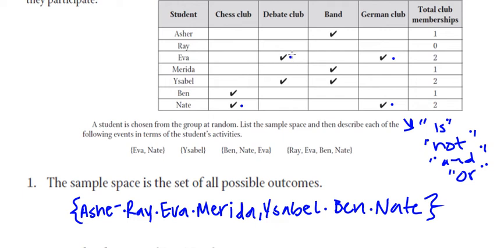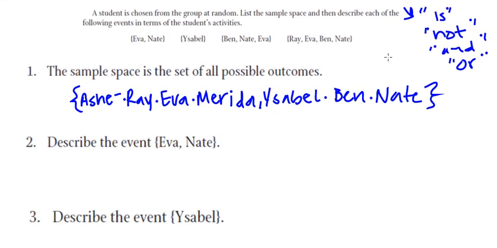And if I said the student is in chess club, that won't work because only Nate's there. But if I state that the student is in German club, there are only 2 students in German club, and those 2 students are Ava and Nate. So the event that would produce this result here is the student is in German club.